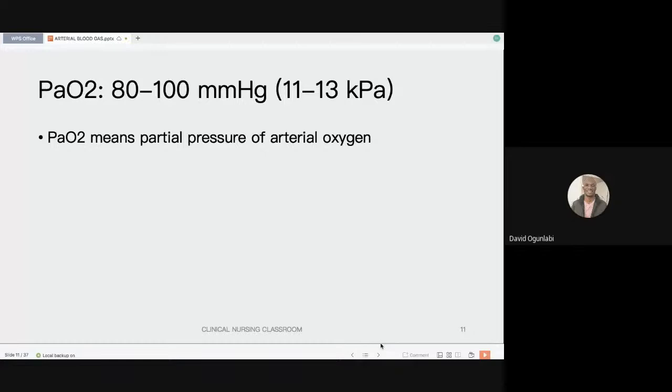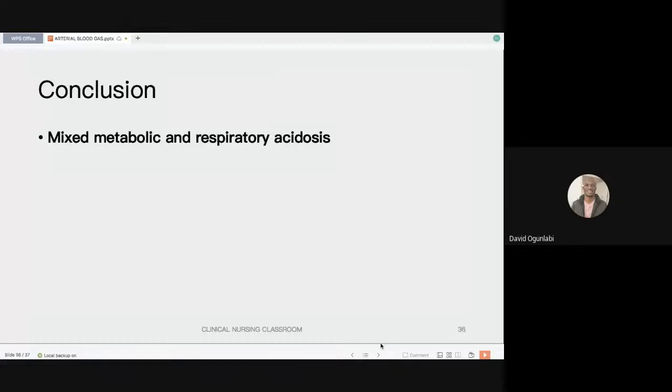So we call that mixed respiratory and metabolic acidosis. If you come across such a question in the future, just know that it can be mixed metabolic and respiratory acidosis.